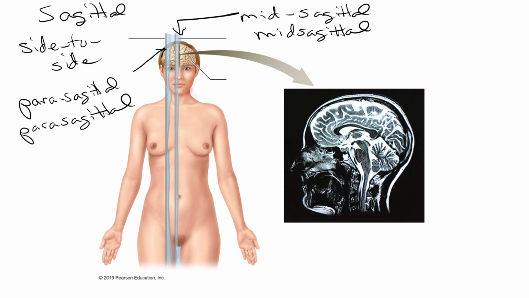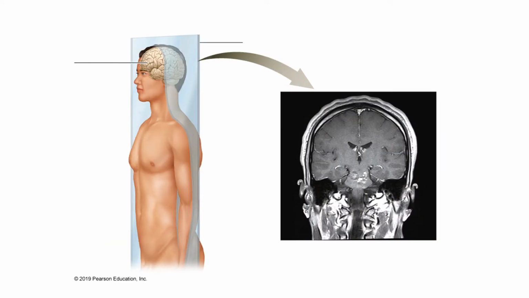If it's off midline, you'll be able to tell pretty easily in a lot of cases if it's parasagittal, but it's really best to be specific about whether it's mid-sagittal or parasagittal, especially when you're learning anatomy in AP1 like we are.